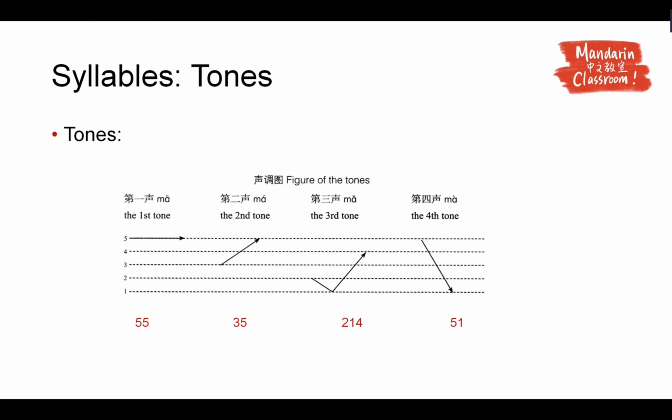Very good. And let's see the third tone. Third tone is a little bit complicated because you have to go down firstly and go up. It's ma. Okay, let's see the fourth tone.